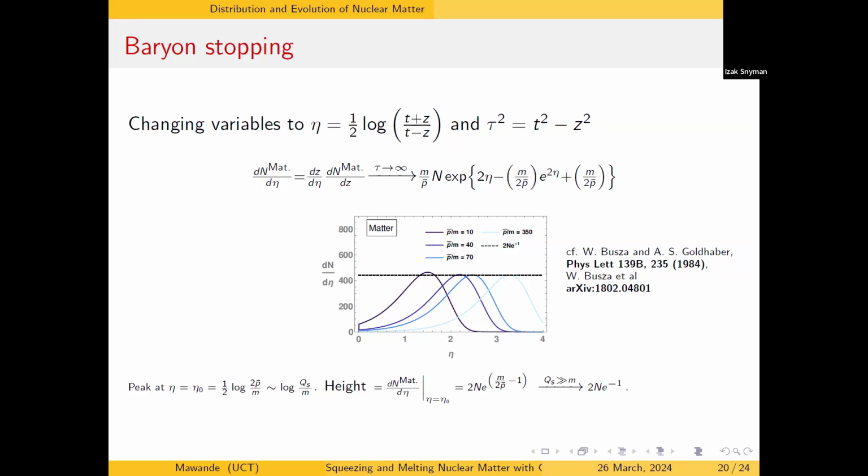And now remember, I'm in the rest frame of the target, so just bear that in mind. It's not absolute rapidity, it's measured from the rest frame of the target.